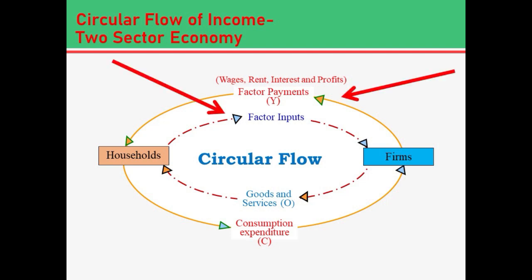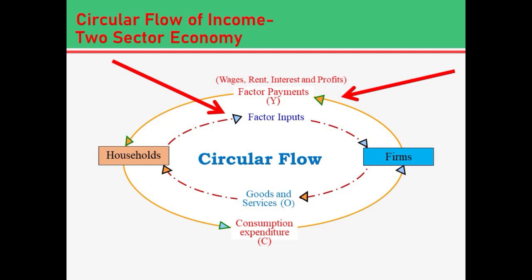In the first round, the household sector is providing factor inputs to the firms. For example, we can consider the supply of laborers to the firms. And in return, the firms are making factor payment in terms of wages, rent, interest, and profit to the household sector.